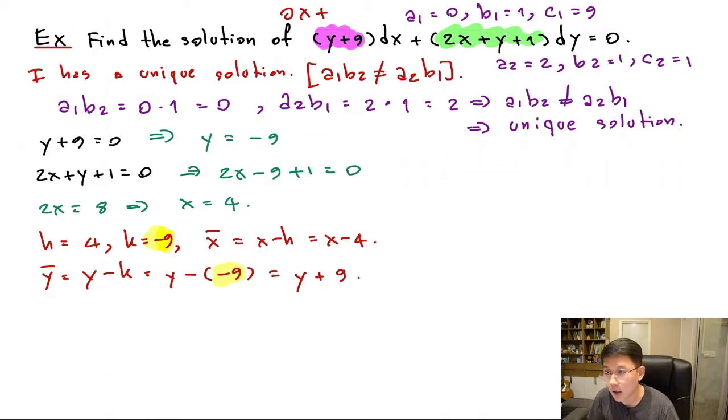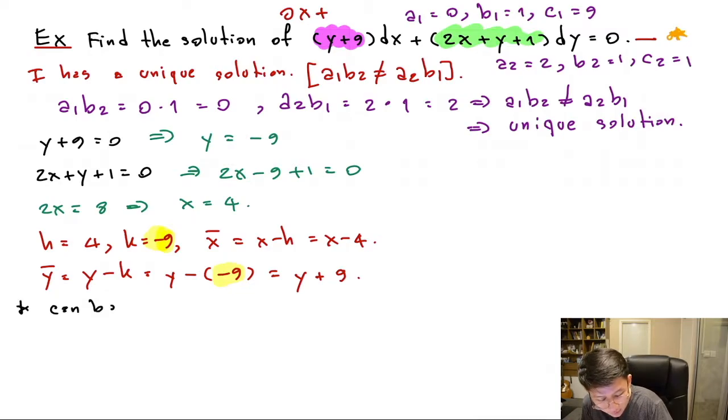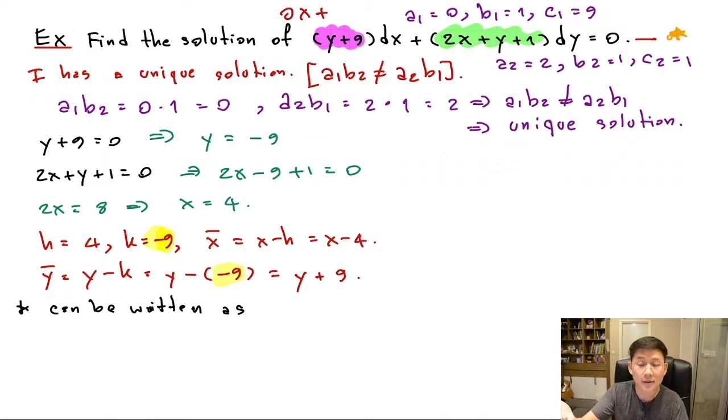So if I let this equation be equation star, I can say that star can be written as, I'll substitute y by y bar, right? And x with x bar, right?